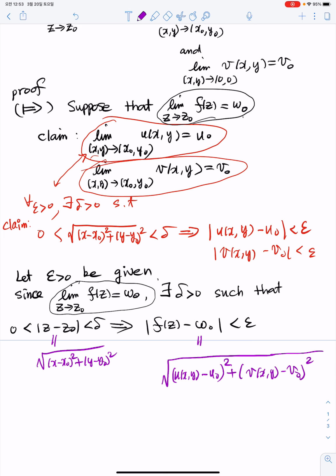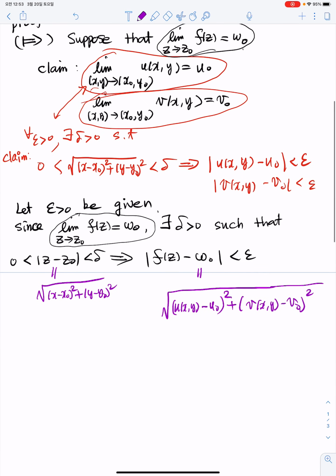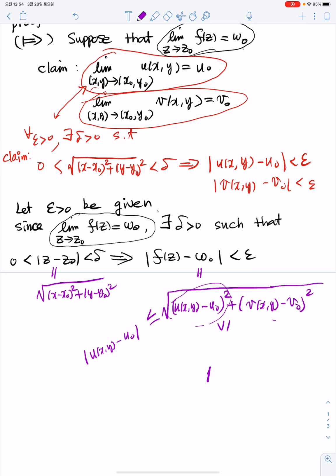Okay, so eventually we proved everything. From here, this guy is greater than or equal to the absolute value of u(x, y) minus u0, because this one plus this one, and also this is greater than or equal to the absolute value of v(x, y) minus v0.